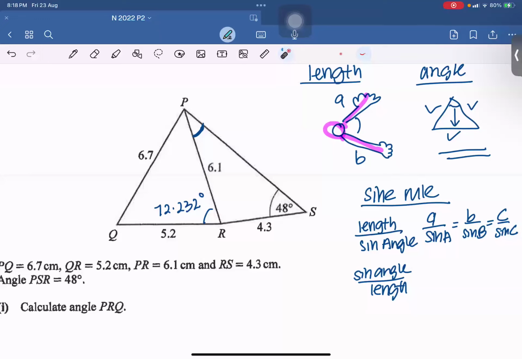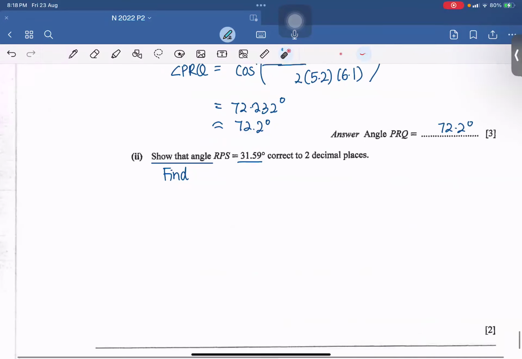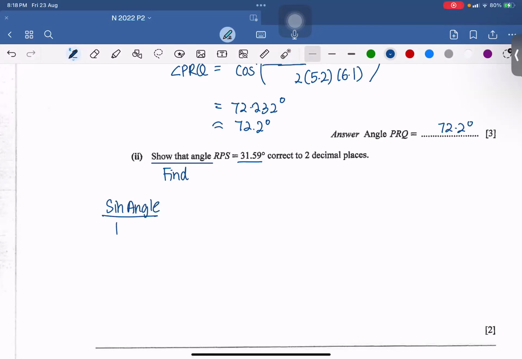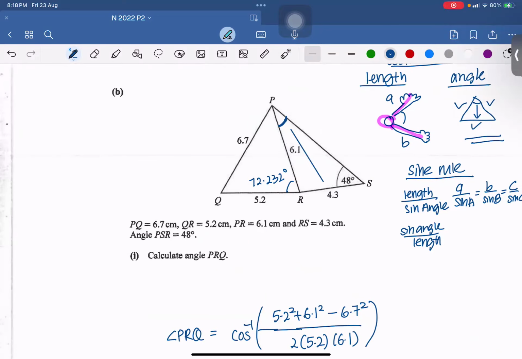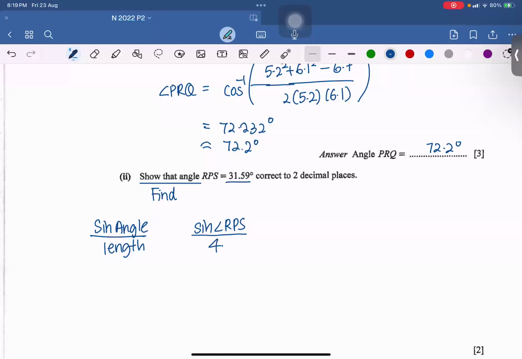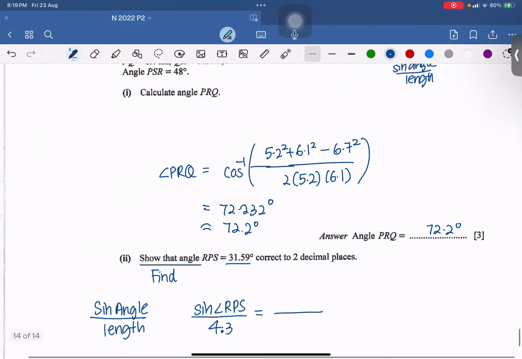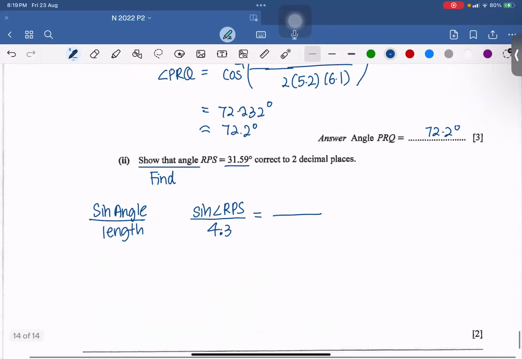So I put sine of angle RPS over its matching length, 4.3, equals to another sine angle over length. This one you should be able to know. Sine 48, the only pair that I have the information, over 6.1.